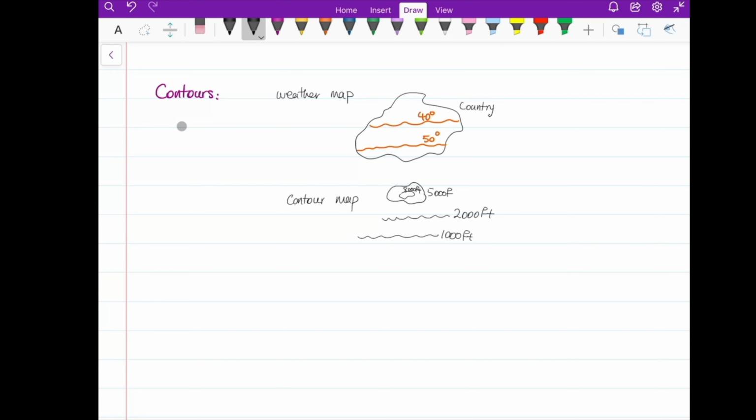The contours are going to show all the points on the graph where f of x and y is equal to a fixed number. And these fixed numbers, we usually choose at a regular interval.